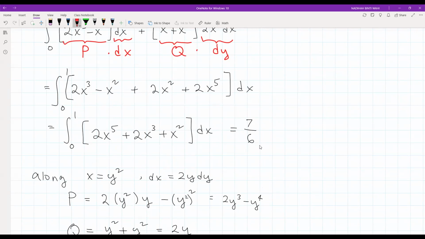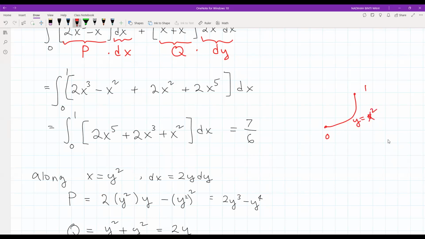So this is only from 0 to 1. So this is on y equals x squared.